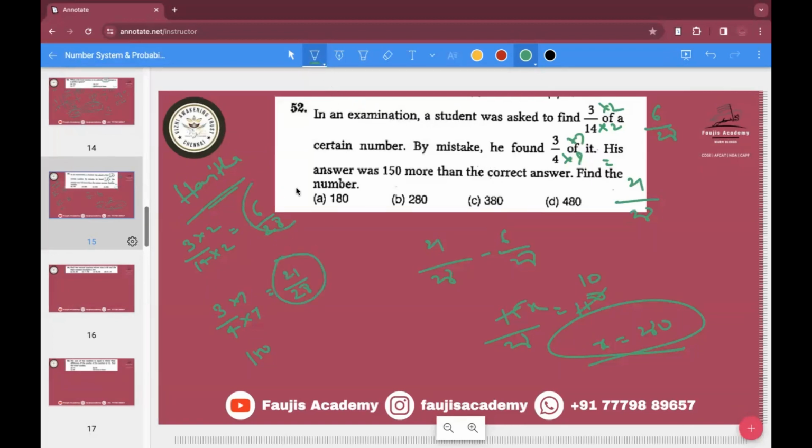So how much more? 15. 15 by 28 only, no more. It's 150. Right, let's assume some number, some x, over here.